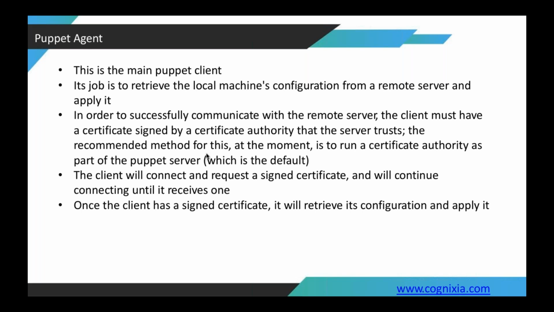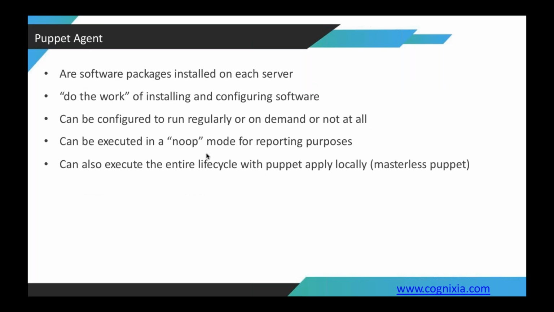Finally, when the changes have been executed on the node, it's going to communicate the status of the changes back to the Puppet master, so that you are aware of any failures received by the Puppet agent. So if something fails, it's going to report back to the Puppet master, and you will get to know. And all the work will be done by the Puppet agent itself.